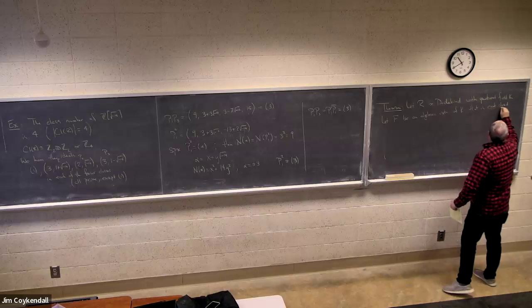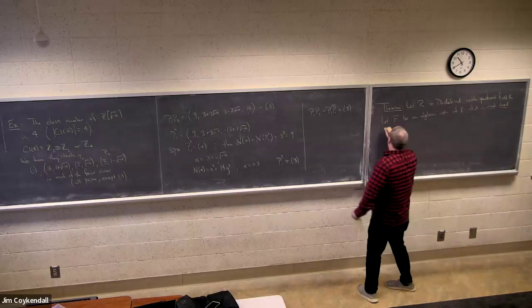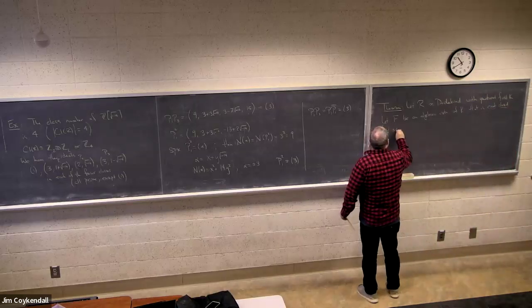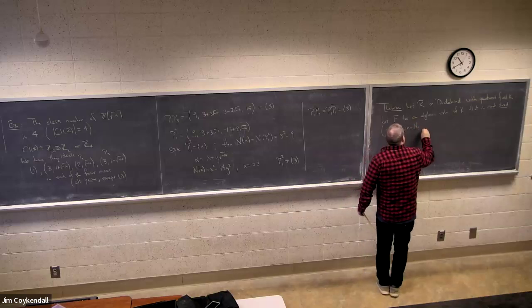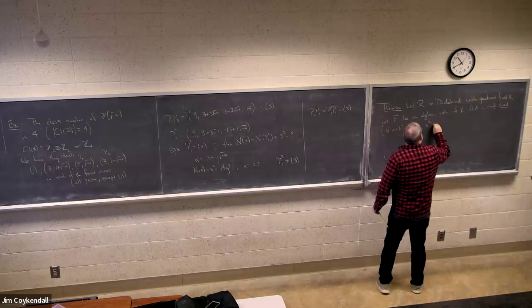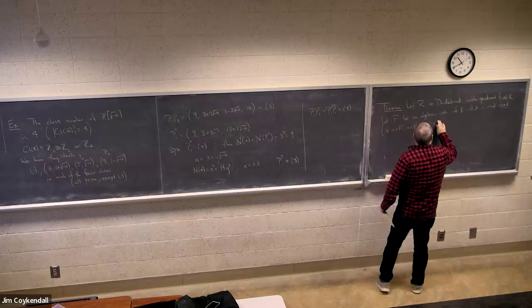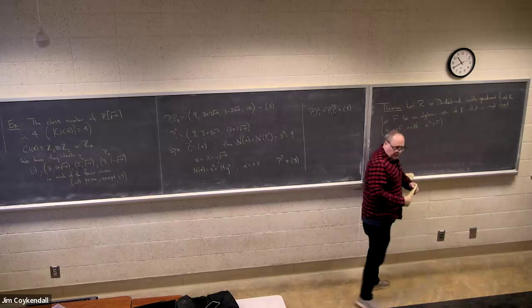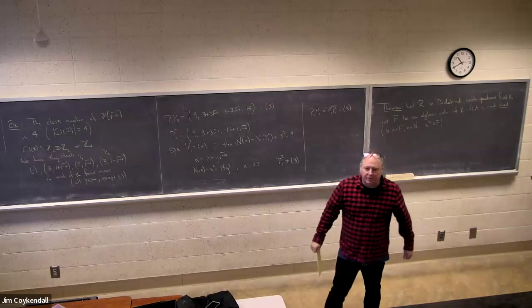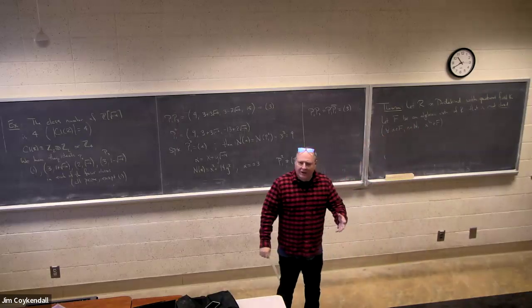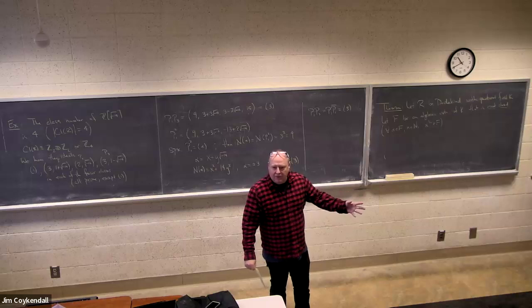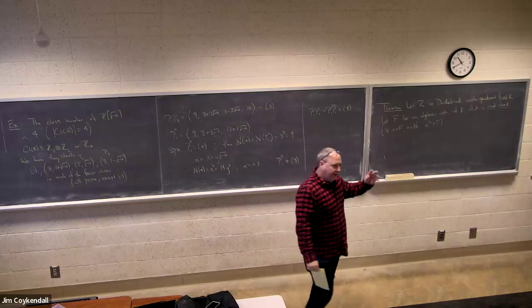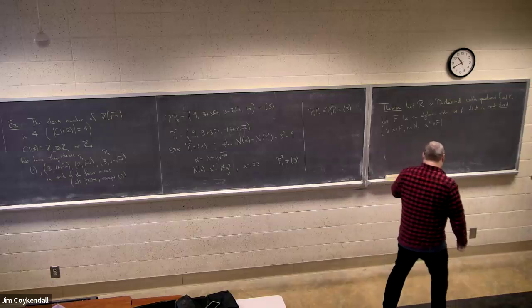And let me tell you what I mean by that. For all alpha in F and n in the natural numbers, alpha to the 1 over n is in F. So in other words, it contains all its nth roots. This is something that's perhaps a little more general than algebraically closed. It doesn't have to be algebraically closed necessarily, it just has to contain nth roots of all the elements that are in there.